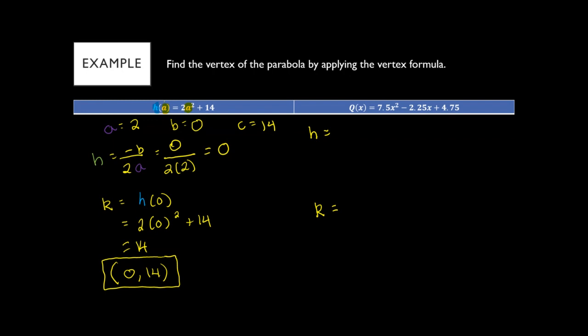If you want to give your answer for H first and then your answer for K and then together as the vertex, that's totally fine.